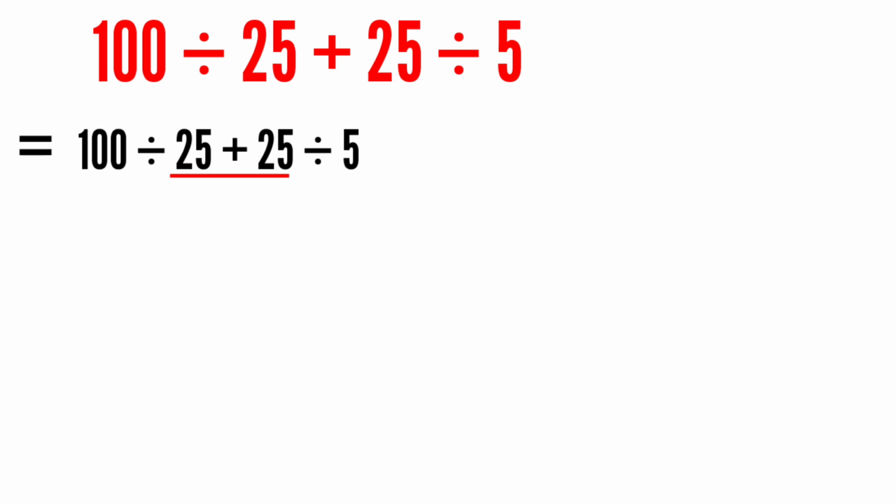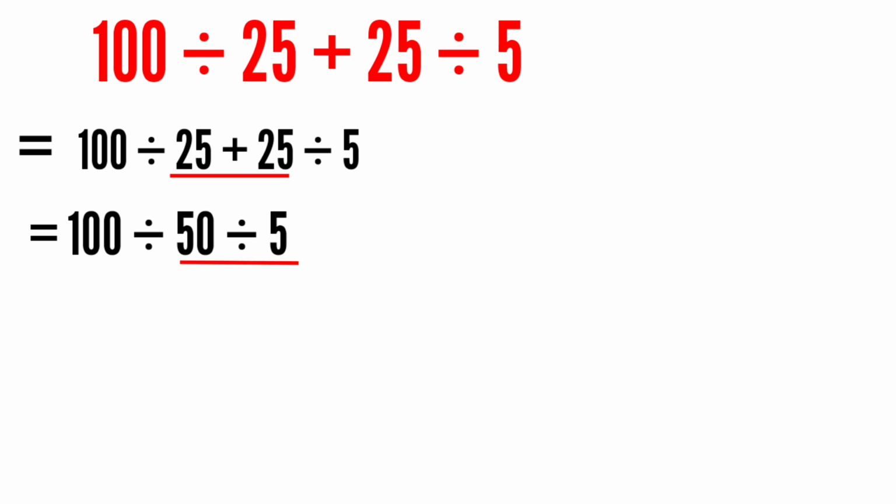They do the addition between 25 and 25, which gives 100 divided by 50 divided by 5. Now they do the division between 50 and 5, which is equal to 100 divided by 10.